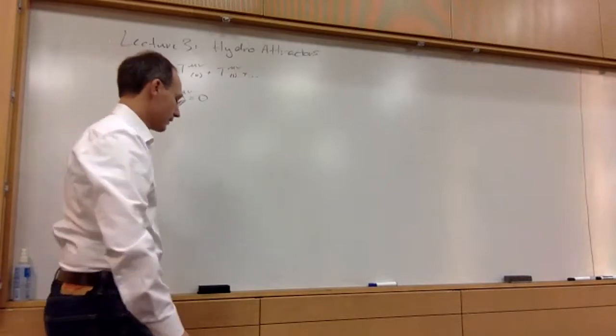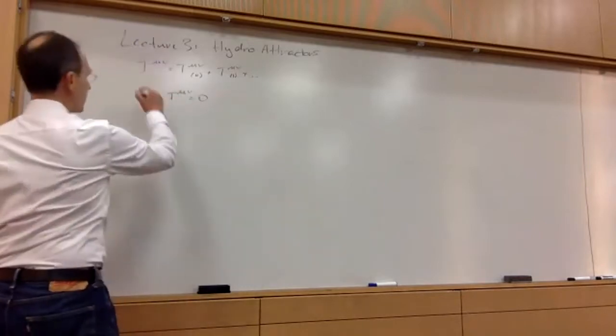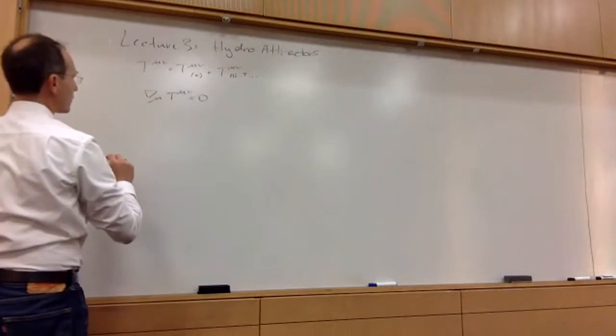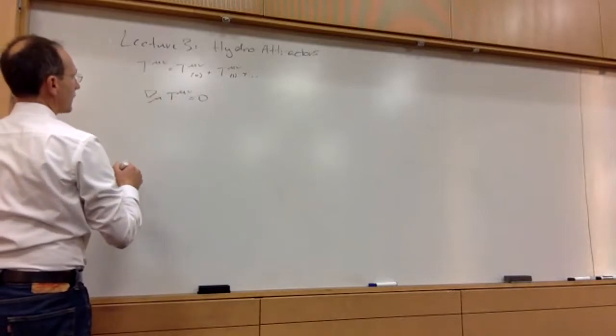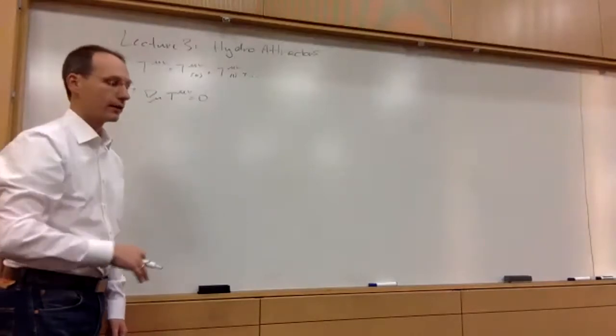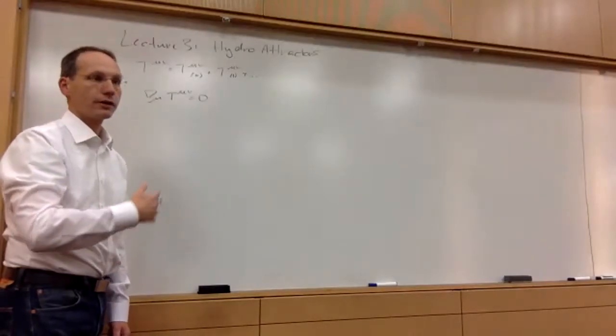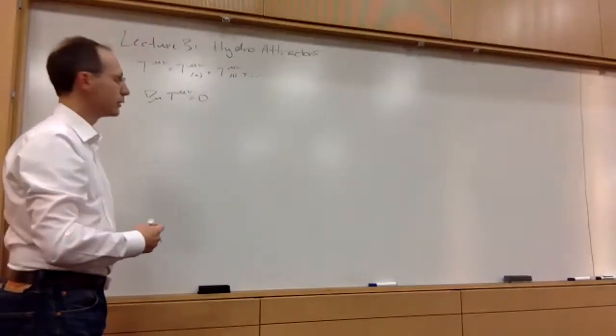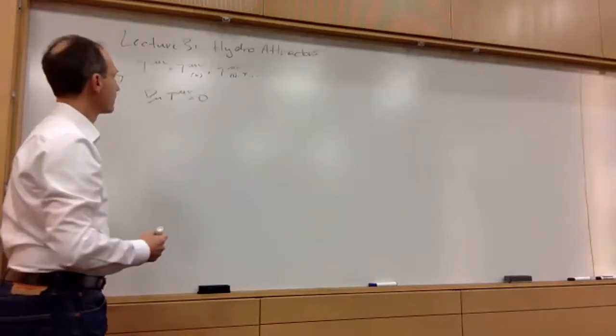In particular, these are 4 equations of motion, and we can project on the time-like and the space-like part by using combinations of the flow velocity itself, u, and the space-like projector.